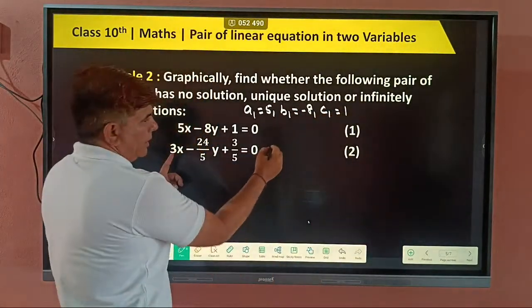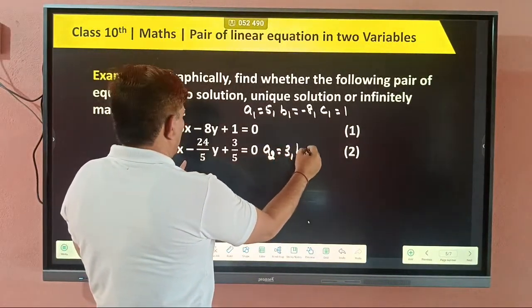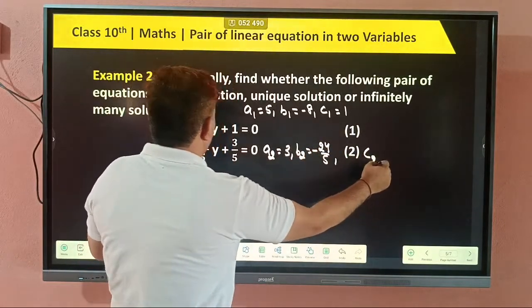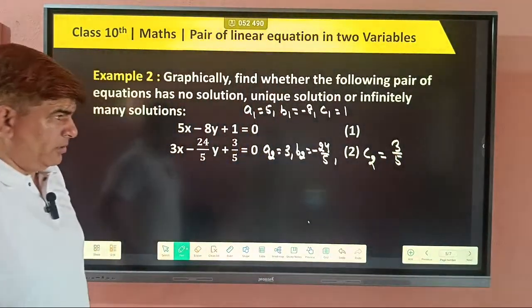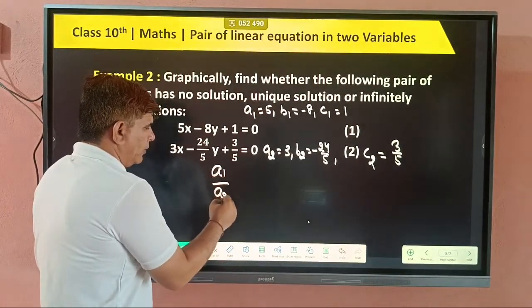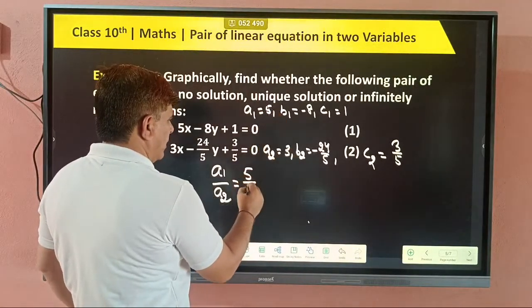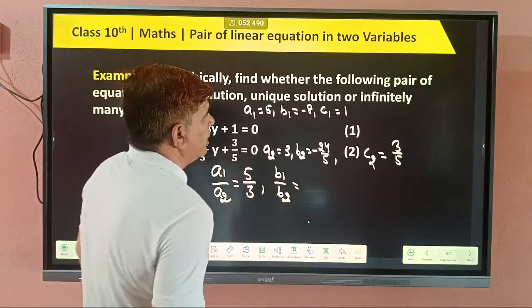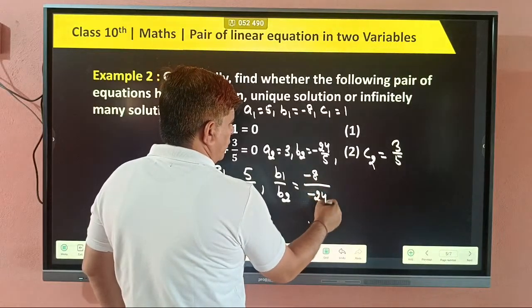A2 equal to 3, B2 equal to -24 by 5, and C2 equal to 3 by 5. First we find A1 by A2, which is 5 by 3. What is B1 by B2? -8 divided by -24 by 5.